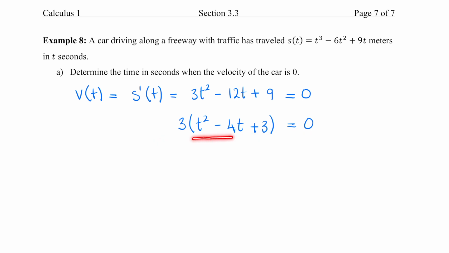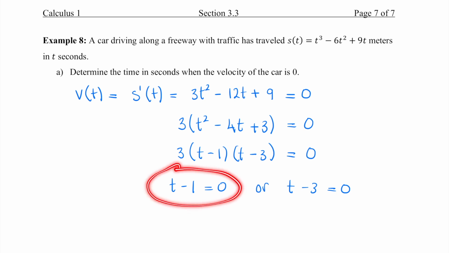Now we need to factor this quadratic expression. t squared minus 4t plus 3 factors to t minus 1 times t minus 3. Now we let t minus 1 equals 0 and t minus 3 equals 0 to solve for t.